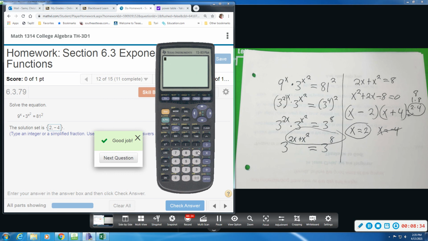So let's say 9 raised to the negative 4. And then we're going to do times. Maybe I should put this in parentheses. Second. Nope.